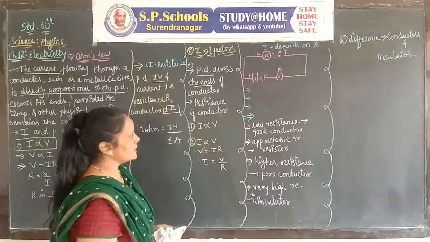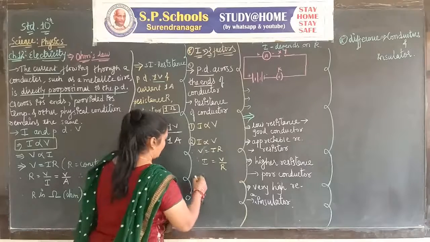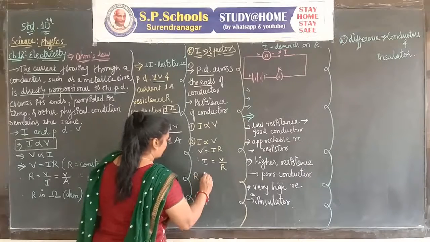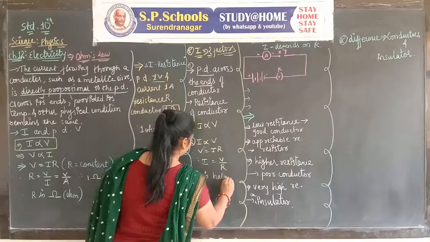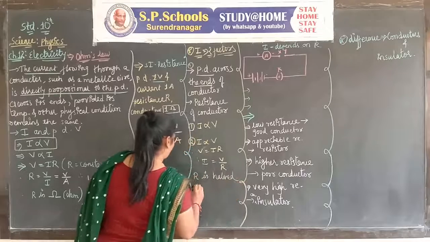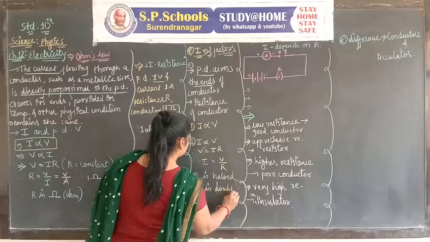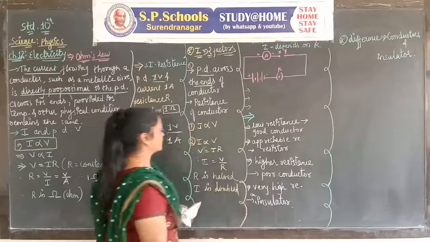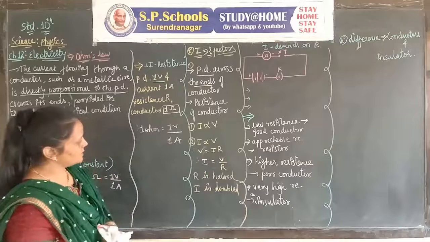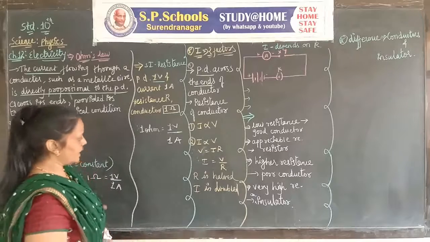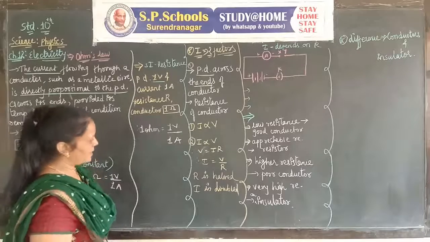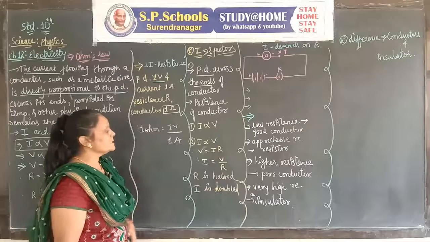One thing to notice here is that when R is half, the I is double. When in the circuit, in the conductor, R is half, the I is double.